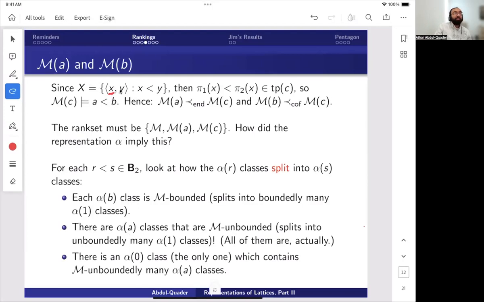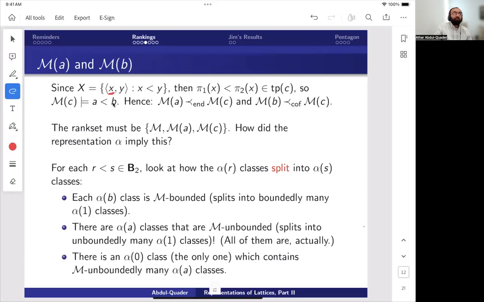But if you look at an alpha of B class, the equivalence relation for alpha of B is equality on the second coordinate. So you fix some y, and the class will be the set of x, y where x is less than that y. Whatever that y is, that's the size of that class. Each of these alpha of B classes is M-bounded, and it will split into M-boundedly many, M-finitely many, alpha of 1 classes.